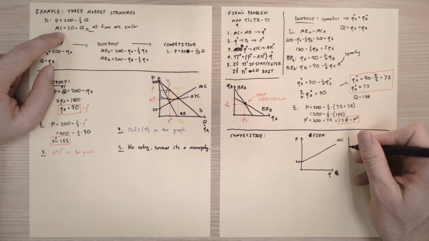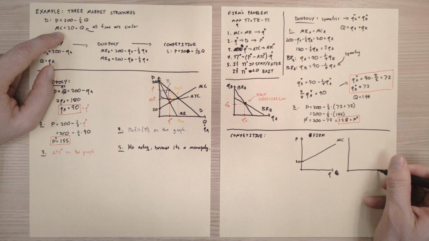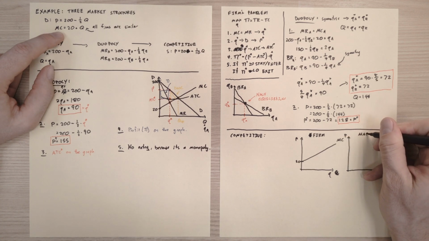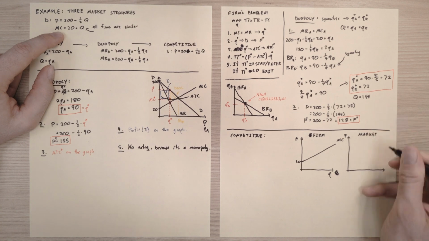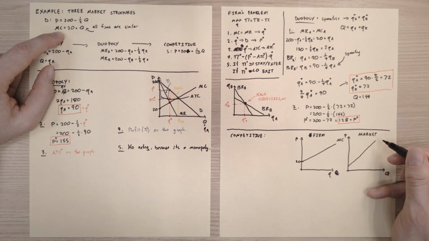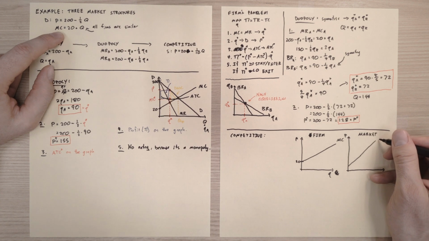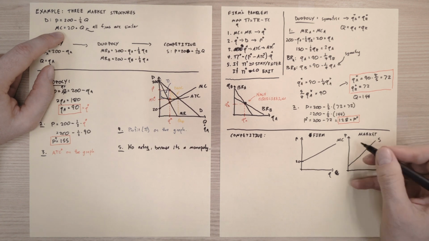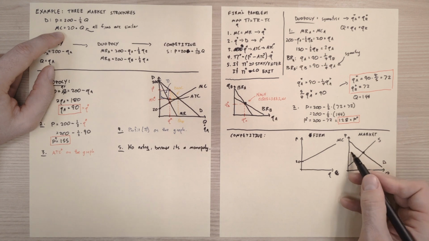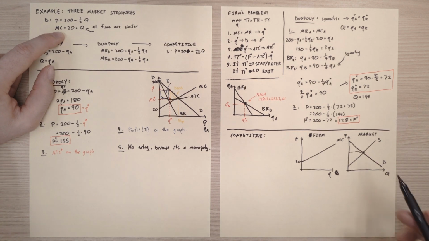So we need to look to the market. On the vertical axis, we have price, and this is the market. We need to look to the market to tell us what the price is. So this is our supply curve, this is our demand curve.